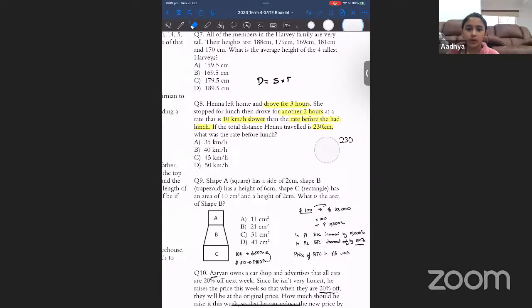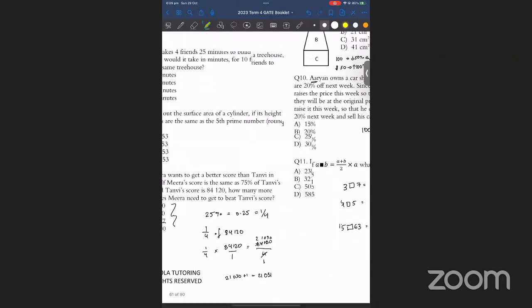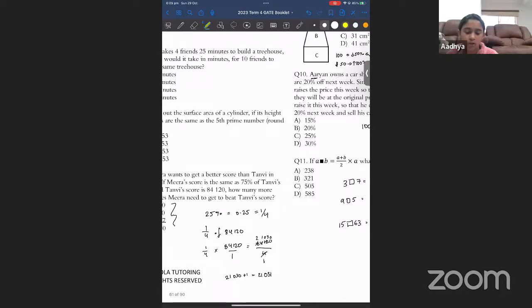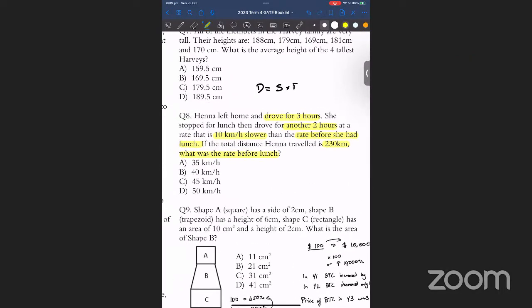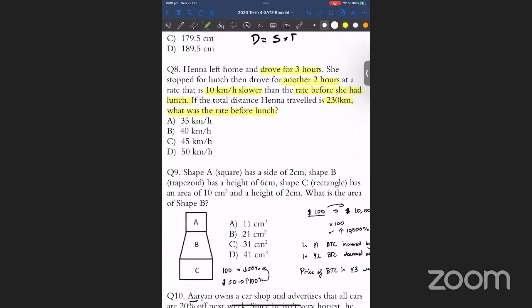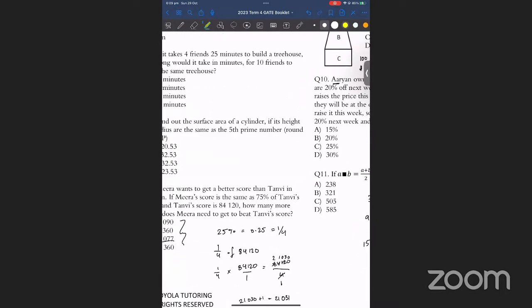Melvin, for the sixth question, why did we choose fractions? Just a personal preference. I just like fractions. It doesn't make a difference. Okay, and there's actually another reason I chose fractions.